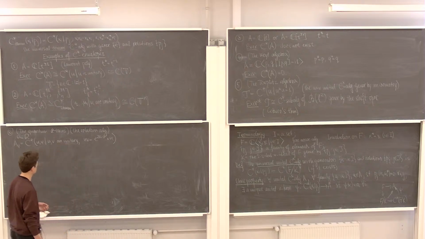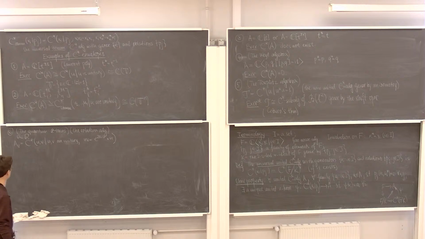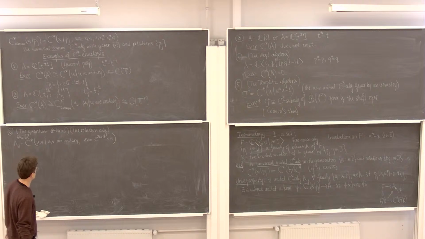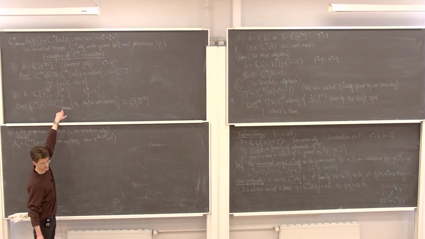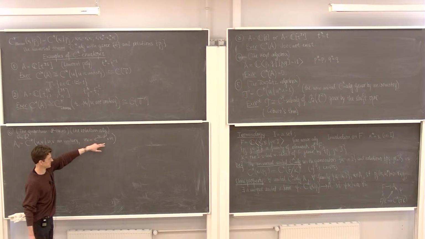It exists because U and V are unitary. A universal C-star algebra generated by a family of unitaries is always defined, and it exists. In the special case where theta is 0, we come back to an earlier example. If theta is 0, then they commute.